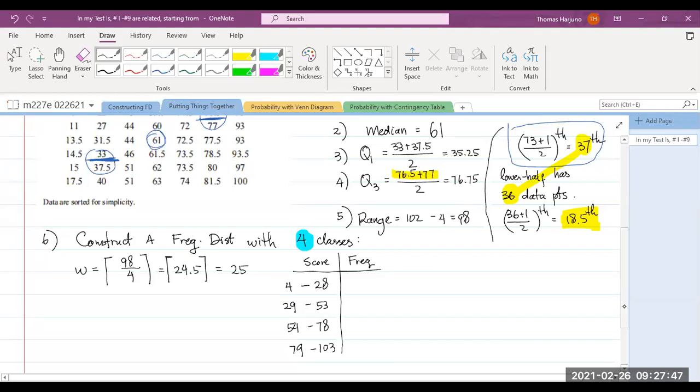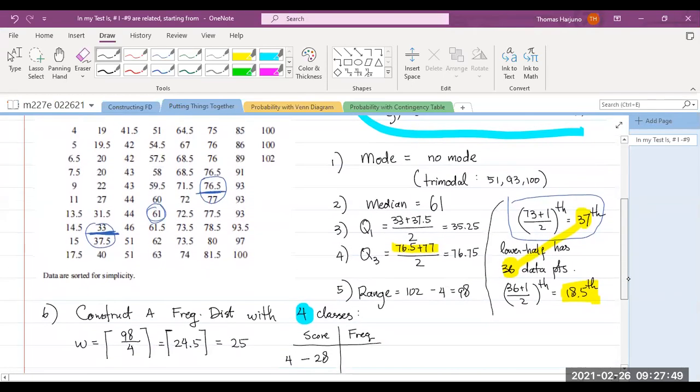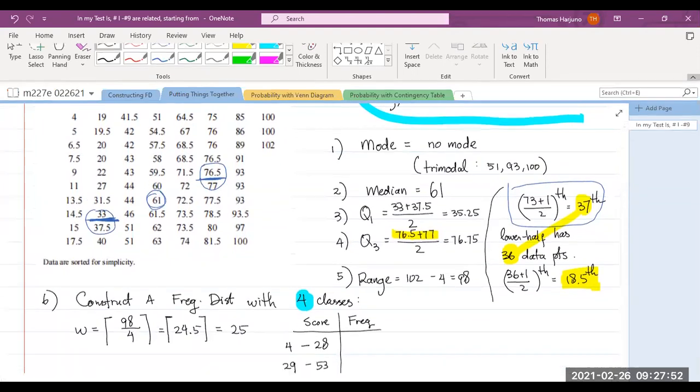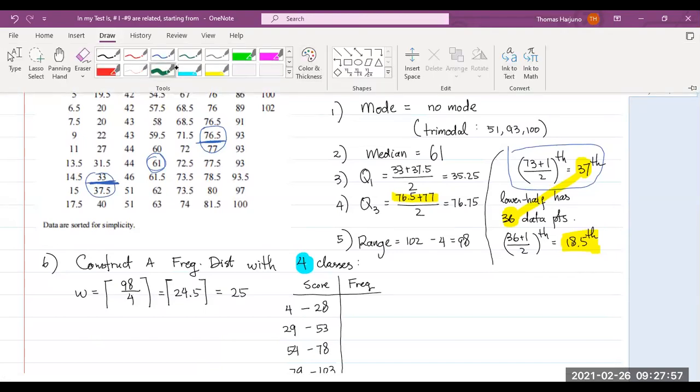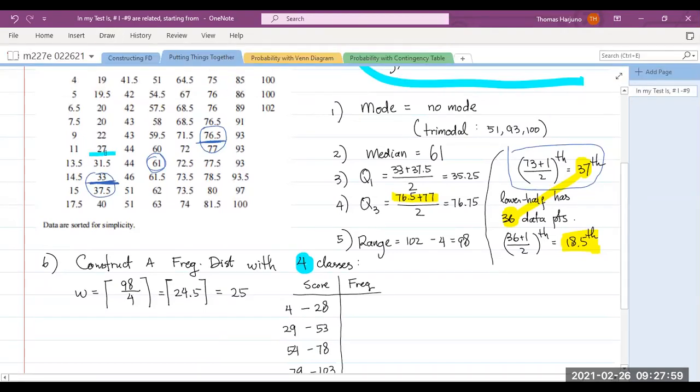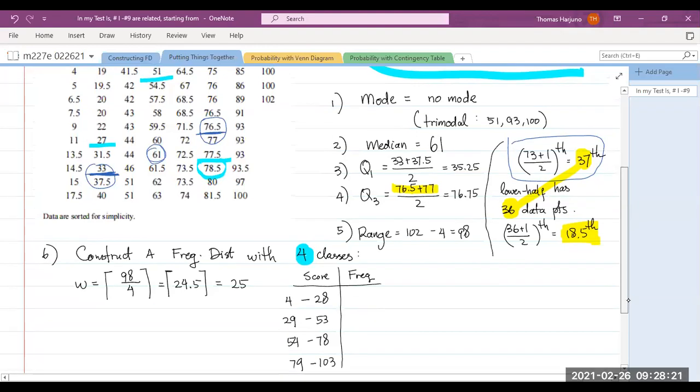Now let's do the tally. 4 to 28, 29 to 53, 54 to 78, 79 to 103. Now the thing is, this 78.5 is right in the gap though, later on. Right?